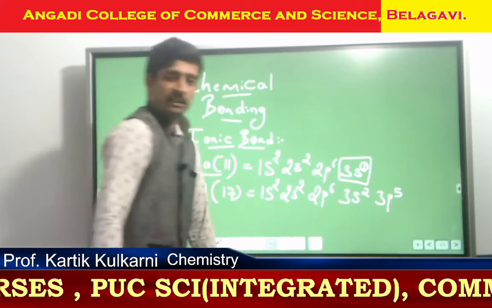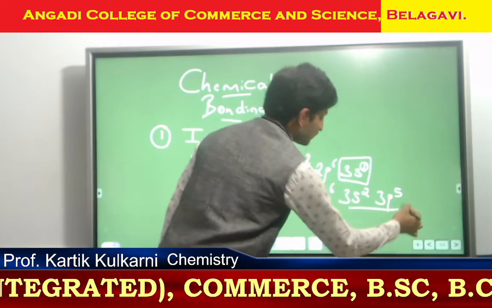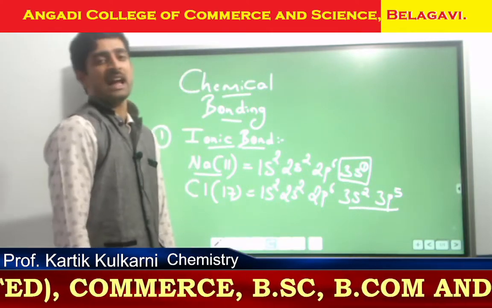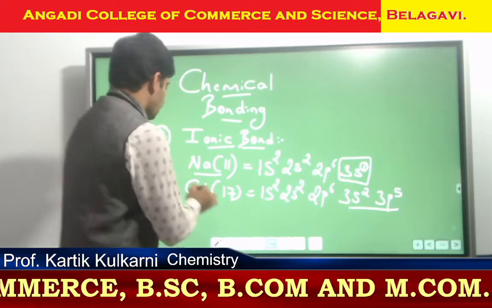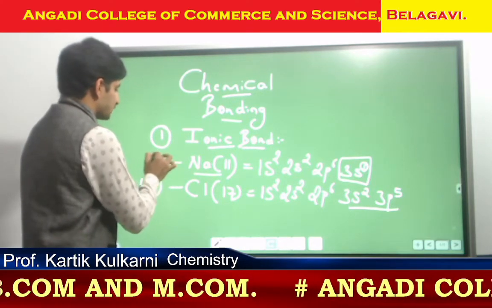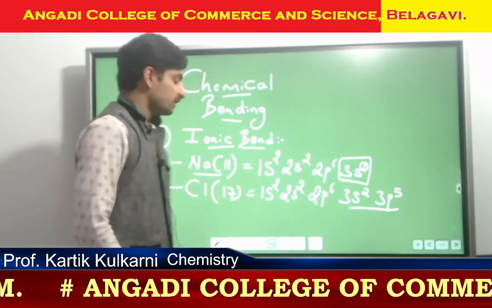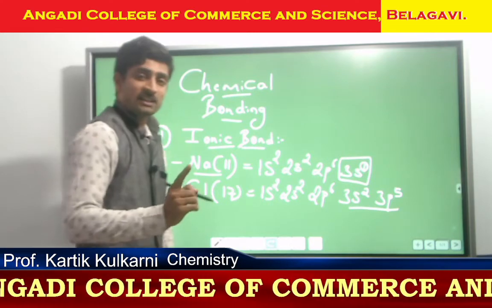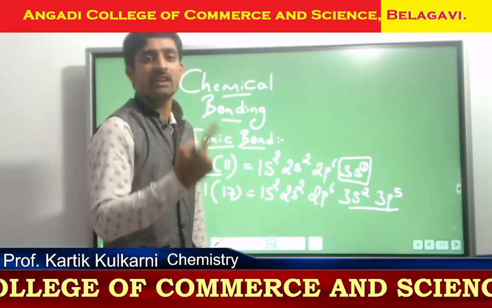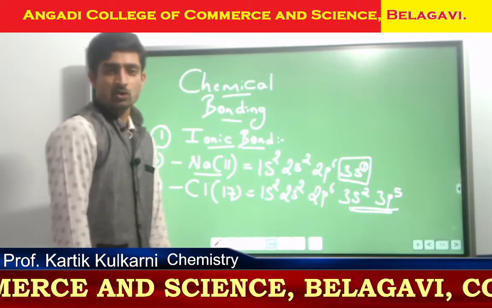In this we consider both the s orbital and the p orbital together as the outermost orbital, because chlorine belongs to the p block and sodium belongs to the s block. An s block element has only s character, whereas a p block element has both s character and p character. That's why we consider these two as the outermost orbital.